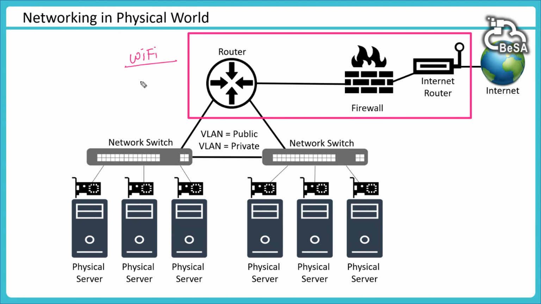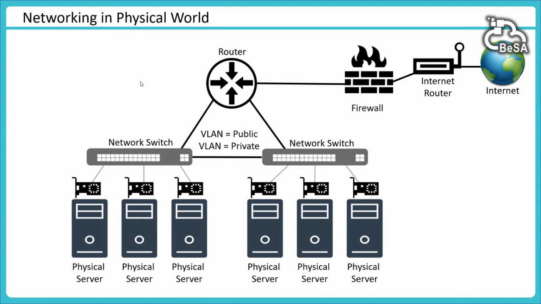But when we are talking about a corporate network, probably these will be different devices doing different tasks, but every device has its own work to do. This is how a small network looks in the physical world. Let's see how the same works in the AWS world. Let's talk about that. So now I am trying to explain the concept of things in AWS.